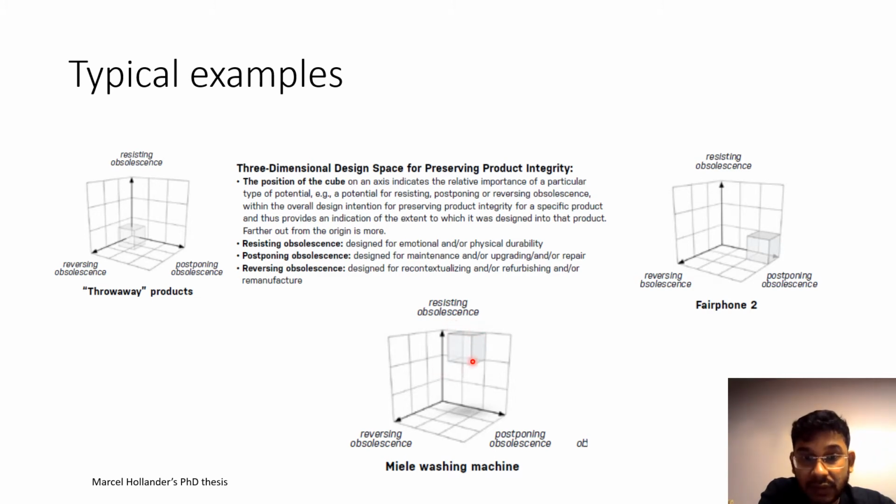They lie in this quadrant of resisting obsolescence by increased durability. You can also come up with different examples for reversing obsolescence using refurbishing or remanufacturing. I can post a link to his thesis and you can see what other examples Martha Hollander comes up with. But in general, to preserve the product integrity, these are the kinds of initiatives you can take to make sure that you're challenging obsolescence.